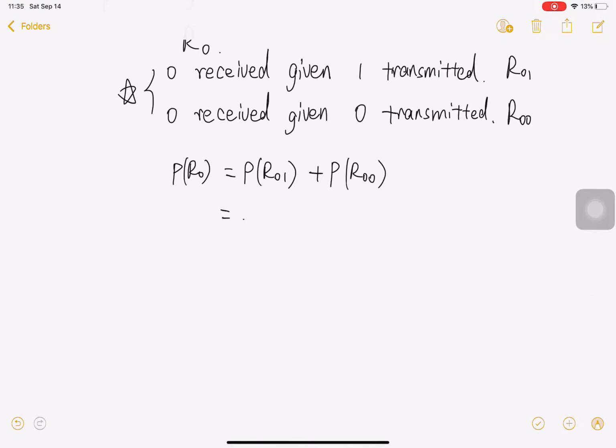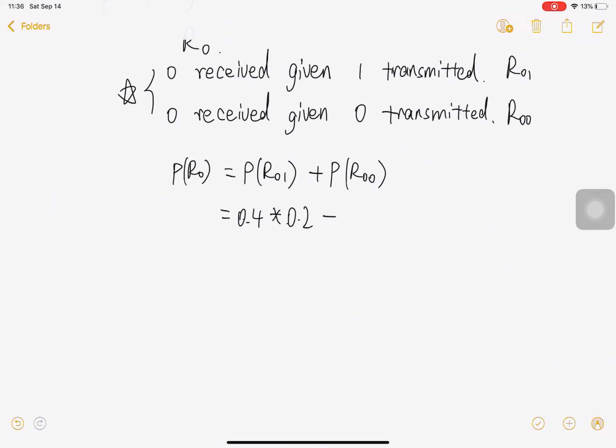The next step is to find all the numbers needed here. The first one is the probability of 1 transmitted, which is 0.4, times the probability that 0 is received given that 1 is transmitted, which is actually 0.2.